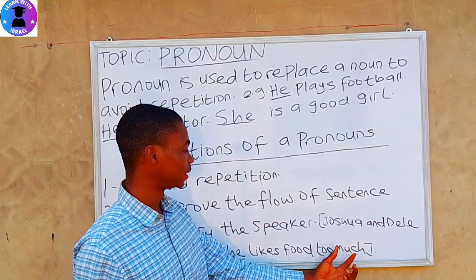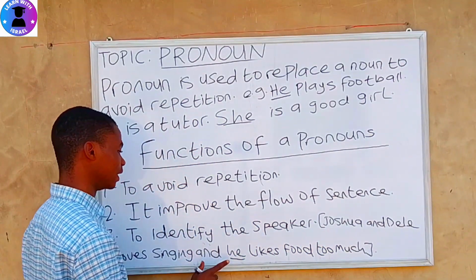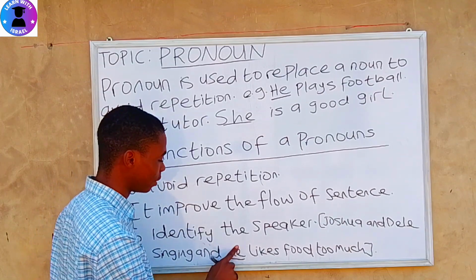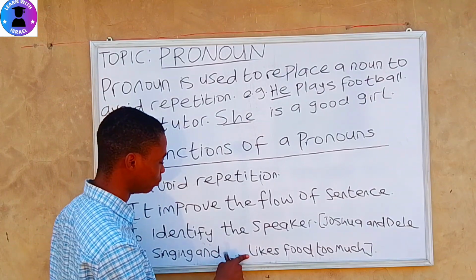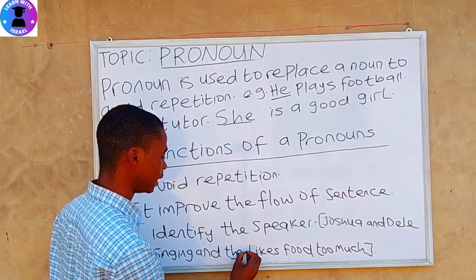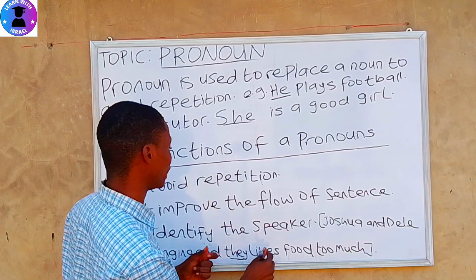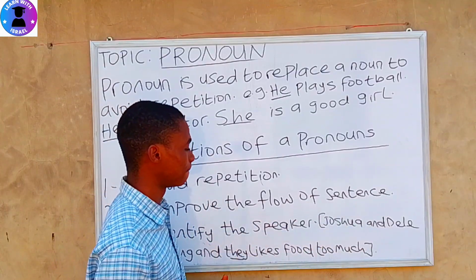So how do we correct this sentence? Joshua and Dele love singing, and they also like food too much. So by doing that, pronoun already identifies the speaker.